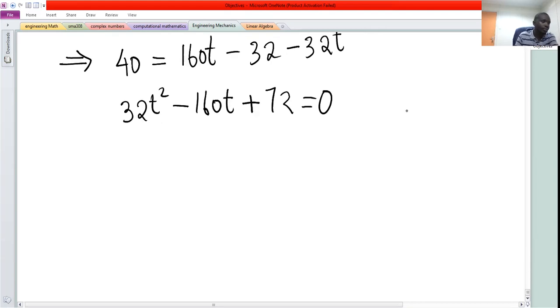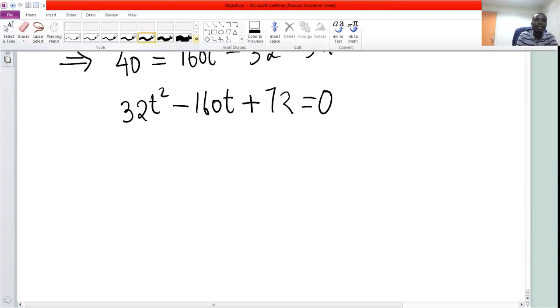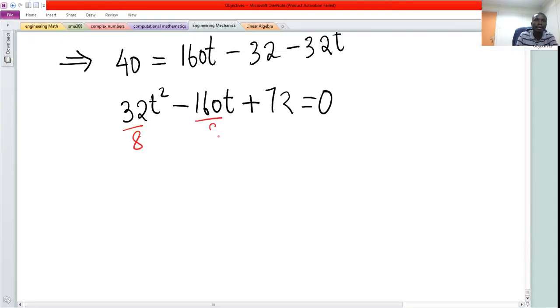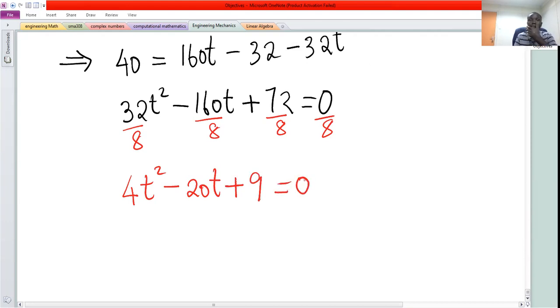And then 4 can divide every term in this equation, or even 8. So dividing through by 8, divide this by 8, divide this by 8, divide this by 8, divide this by 8. So we have 4T squared minus 20T plus 9 equals to 0.